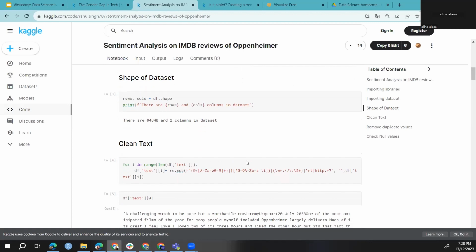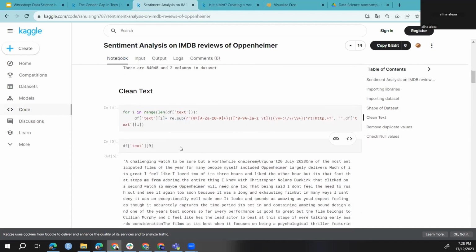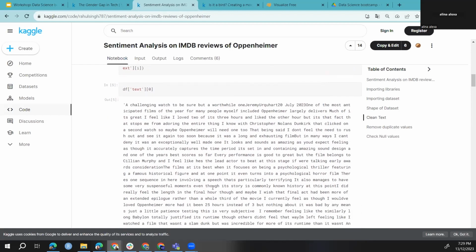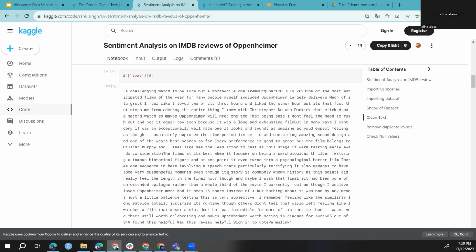He looks at the shape, and now it's cleaning the text. We were saying you've got to clean a lot of the data, because imagine you have huge comments, right? How are you going to analyze this? If I'm a human, I'm going to have to read each comment. There could be millions of them, and then assign them to positive and negative.